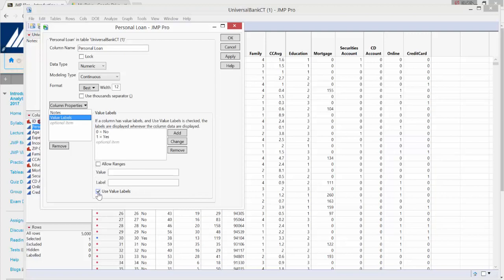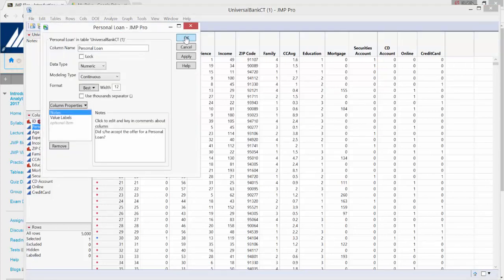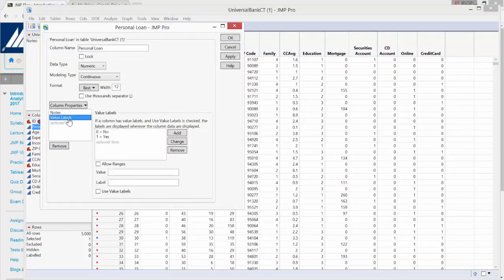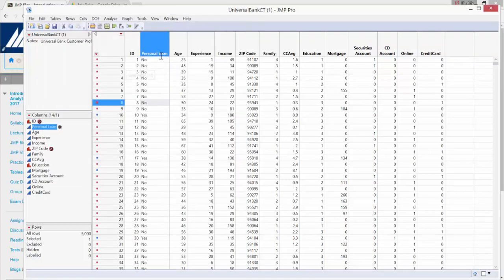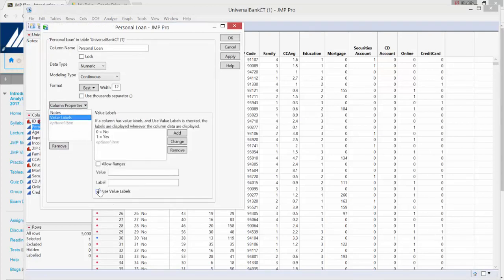So if I unclick use value labels and then click OK, instead of yes, no, it will show 0, 1. So if you go into the column properties, value labels, if I use value labels, it shows yes, no. But if I say don't use value labels, use the original data that was there, it's 0, 1.